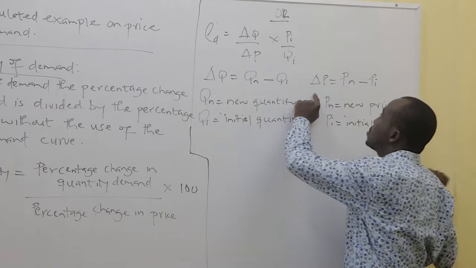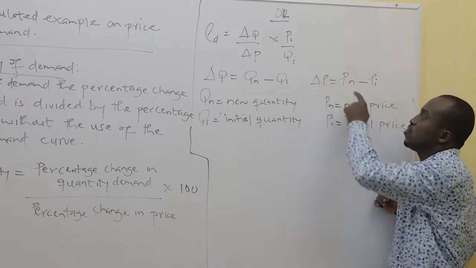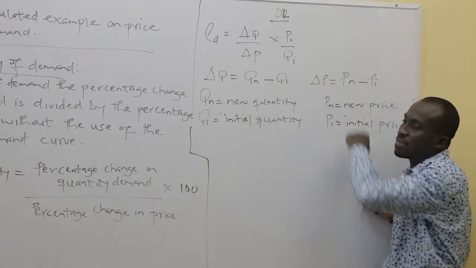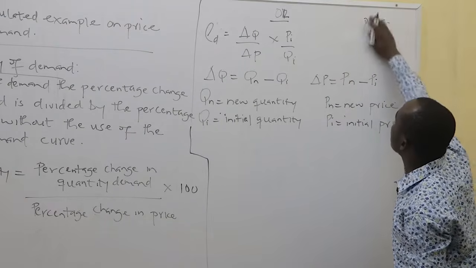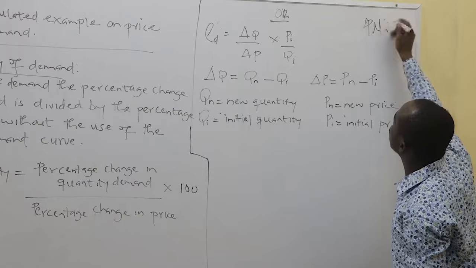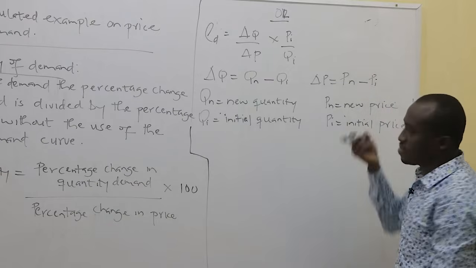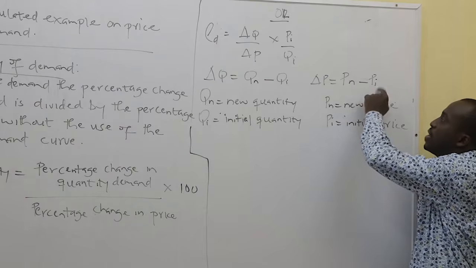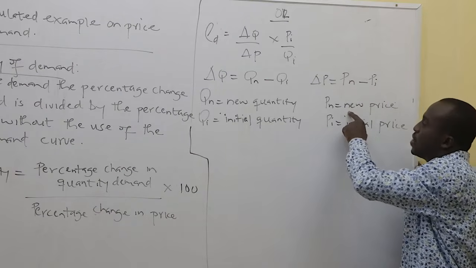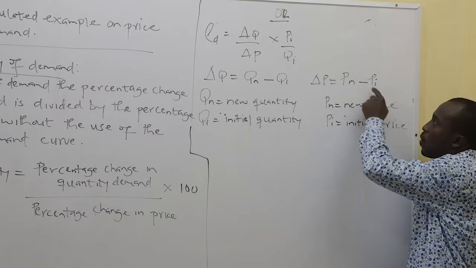What is the change in price? The change in price is the new price, PN, PI. Don't write it as PN. No. They are subscripts. They are just small letters showing subscript. PN minus PI. What is PN? PN is the new price. What is PI?